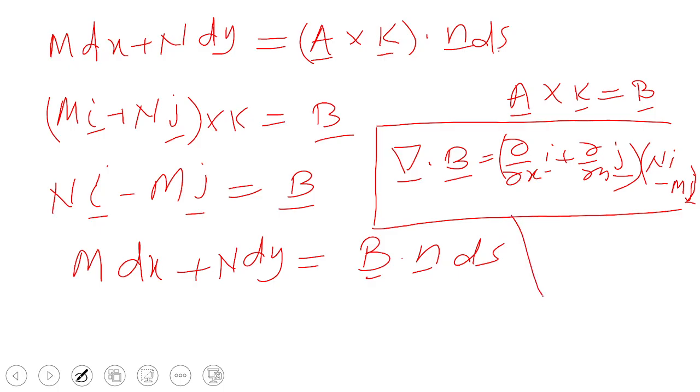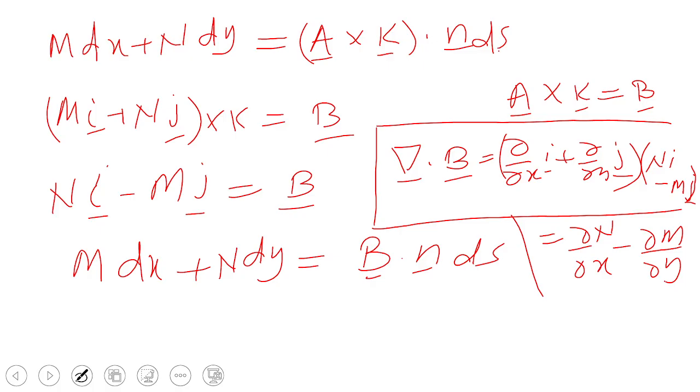So, here is the divergence of B, that is partial N partial x minus partial M partial y.